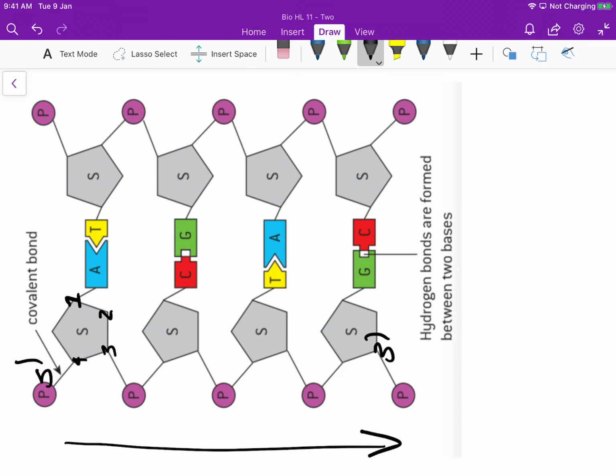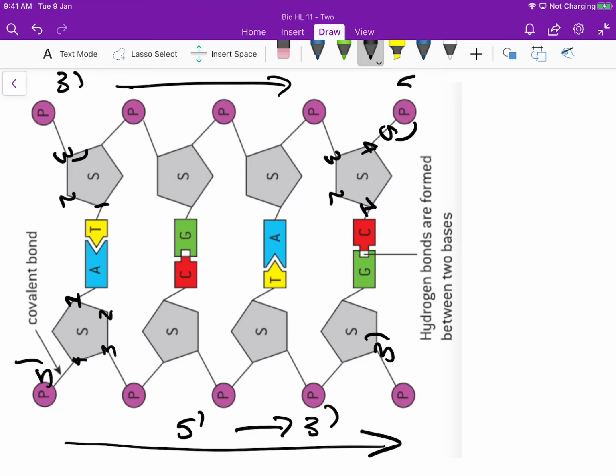And then we know it's going to be the opposite because it's anti-parallel. 1, 2, 3, 4, 5. That's the 5' end. And down to 1, 2, 3. That's the 3' end. So if we're going from left to right, that side is 5' to 3', but the other is going to be 3' to 5', because they're anti-parallel.